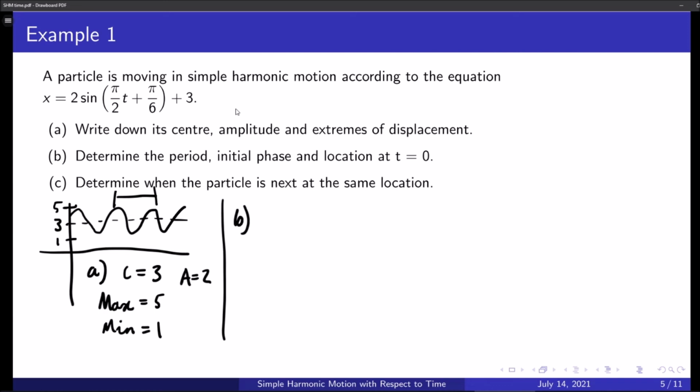Now this is the part where we have to utilize this number here. Remember the multiplier of t. That's the angular velocity. That's how many cycles are performed in the span of 2 pi.